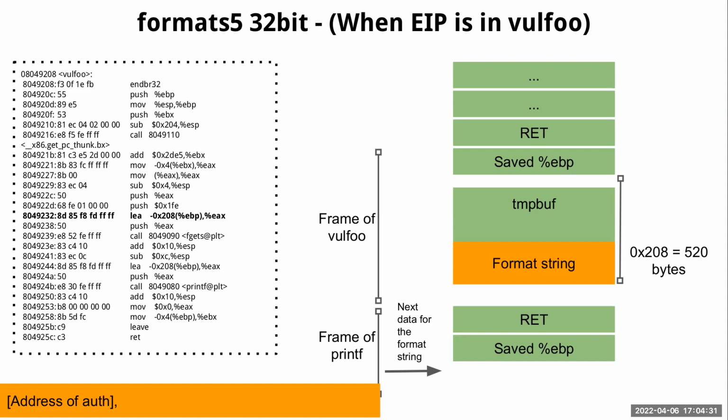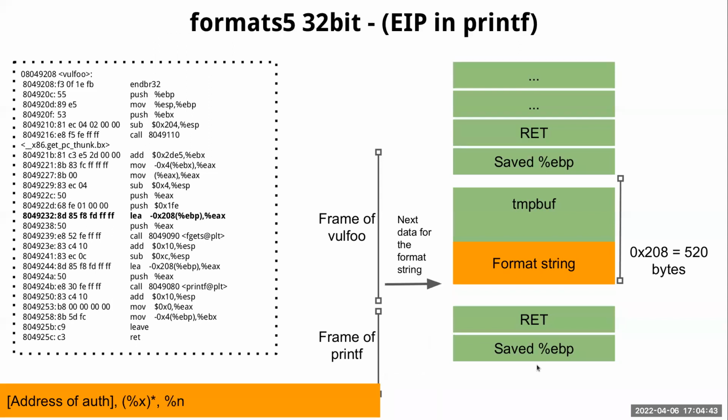Then when printf executes, the function printf will have its own stack frame, right? So it has its own return address, saved EBP like that. And it will look for parameters on the stack. It will first look for the format string.